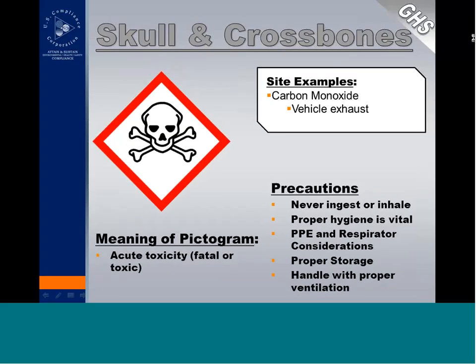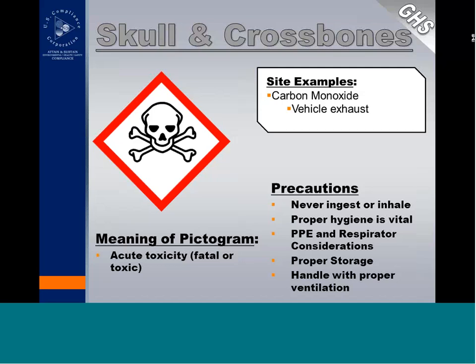Skull and crossbones means that there is an acute toxicity associated with this material, meaning that it may be fatal or toxic even if ingested or taken into the body through other routes of entry in only small doses. Basic precautions: never ingest or inhale anything that has an acute toxicity.